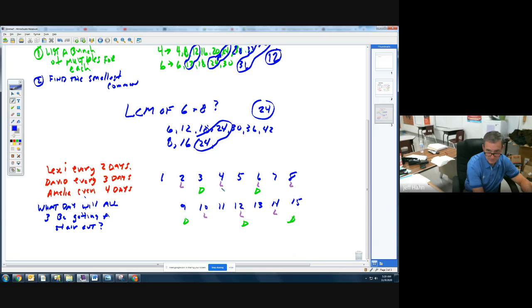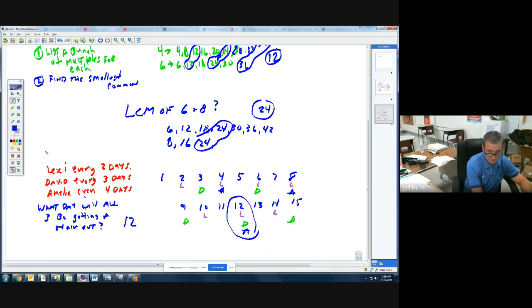She gets her haircut on the 4th day, the 8th day, the 12th day, and the 16th day, which I don't have. But you can see on the 12th day, all 3 of them got their haircut.